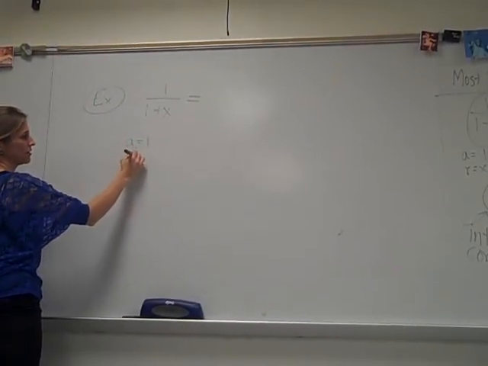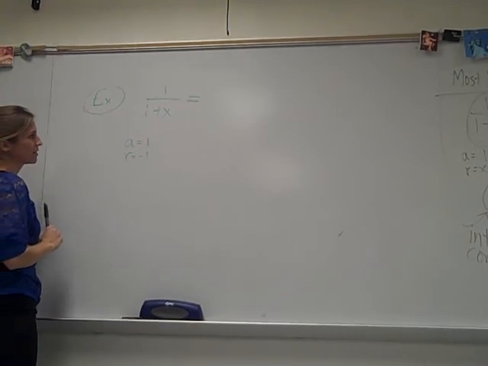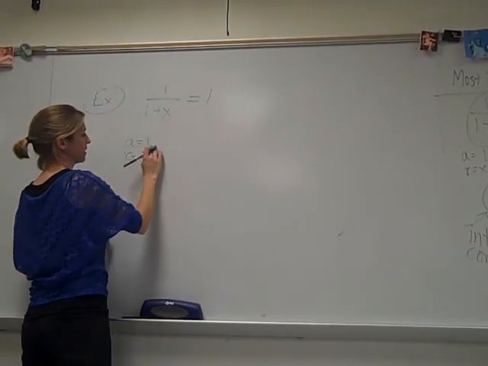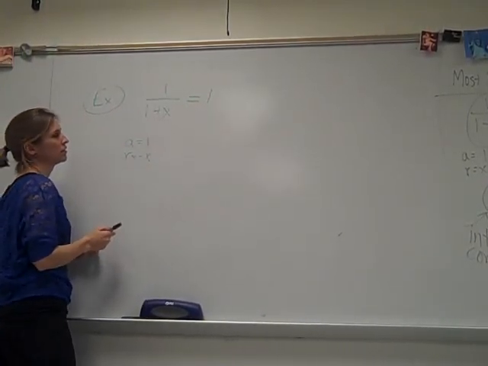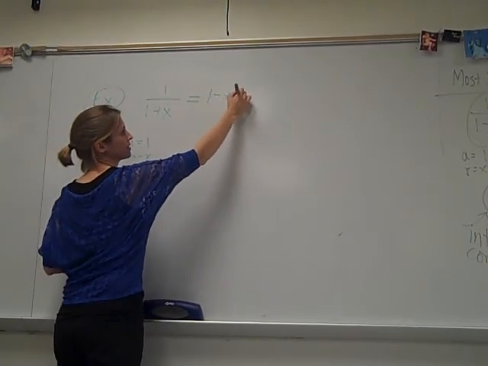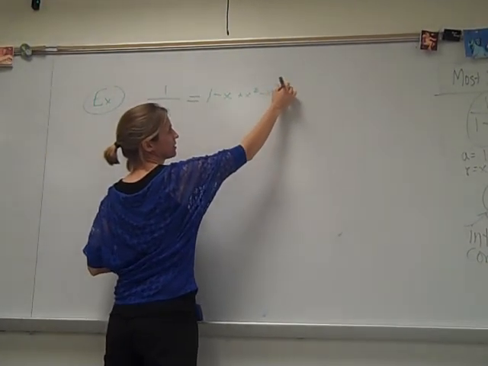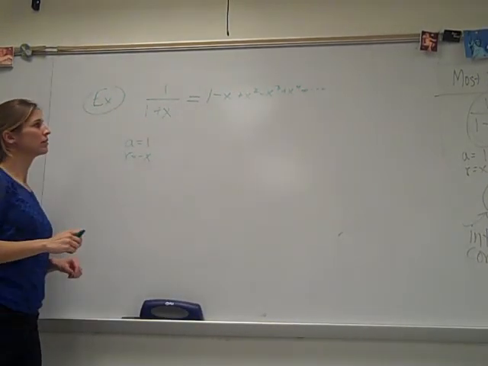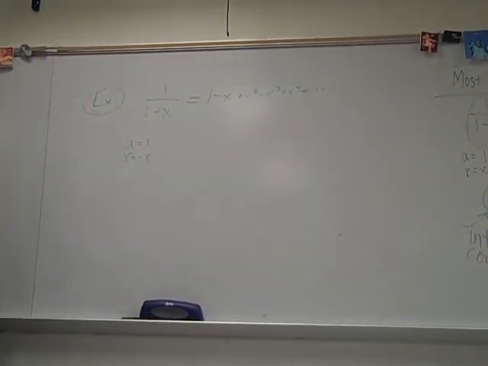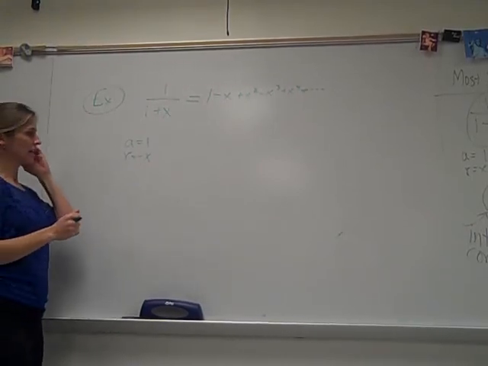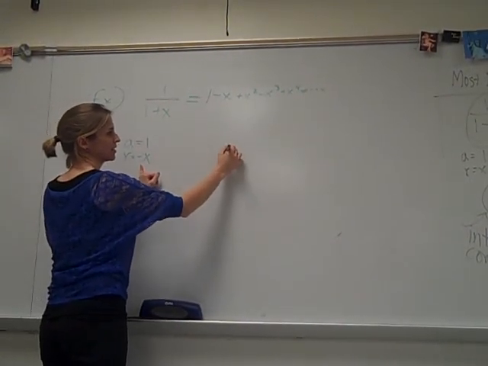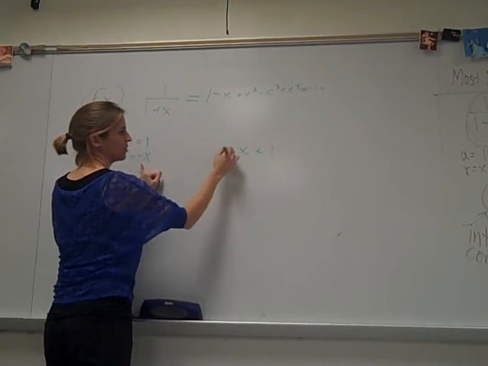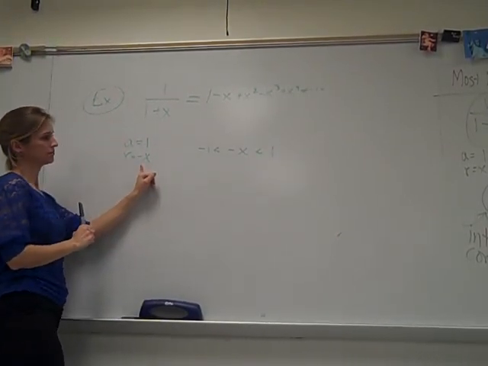So it's 1 minus x plus x squared minus x cubed. And then for this interval of convergence, negative x would be between 1 and negative 1. Just take the negative out.